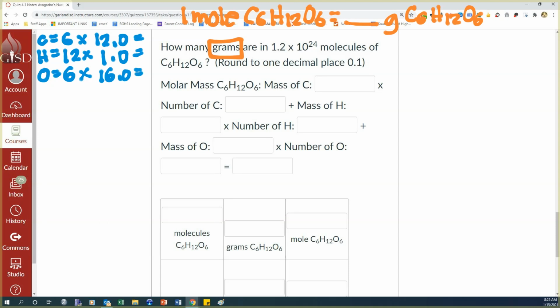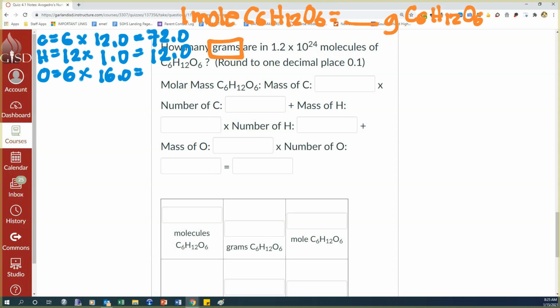So 6 times 12 is what? 6 times 12 would be 72. Where's my calculator? Since I don't believe myself, it is 72. 12 times 1 is 12.